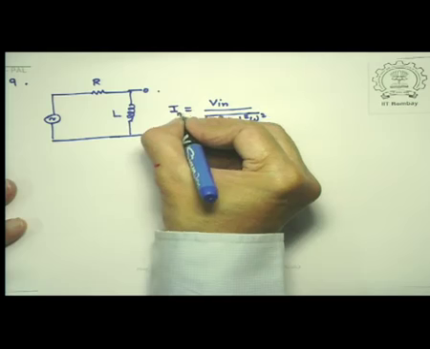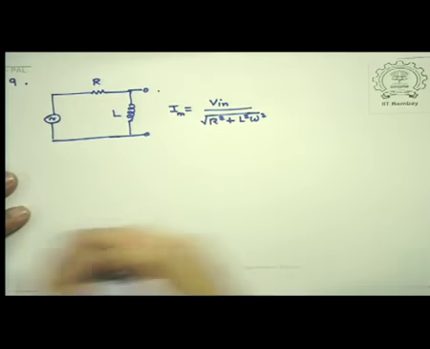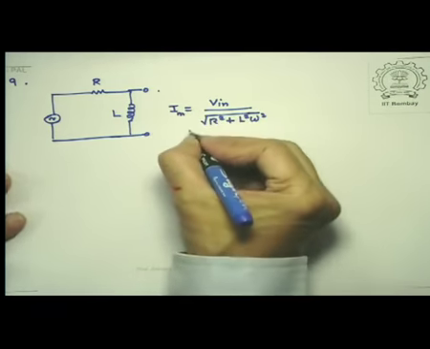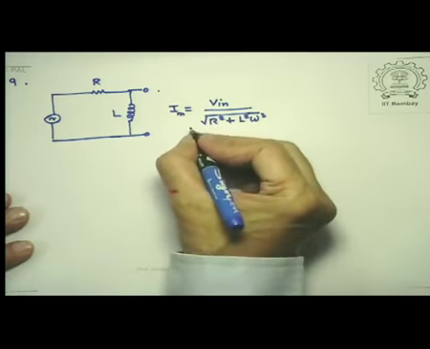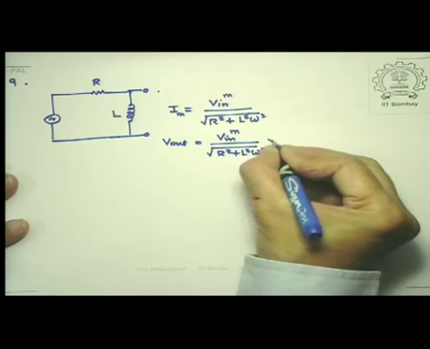This is just the current amplitude. So this is V in maximum, and therefore V out is simply given by V in maximum divided by the square root of R squared plus L squared omega squared, into L omega.